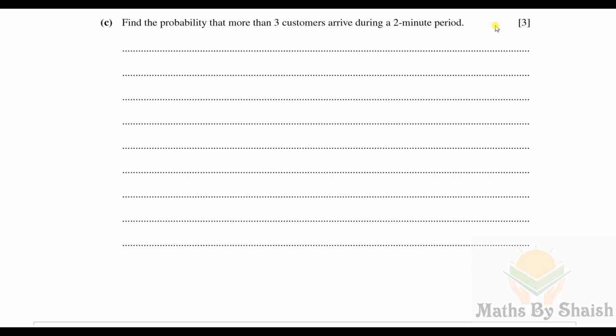Here's the next part. Find the probability that more than 3 customers arrive during a 2 minute period. So earlier this lambda was 2.3 per minute. So in a 2 minute period this lambda would be 2 multiplied by 2.3, that is 4.6. So our question becomes finding the probability of greater than 3, which is 1 minus P(X less than or equal to 3).